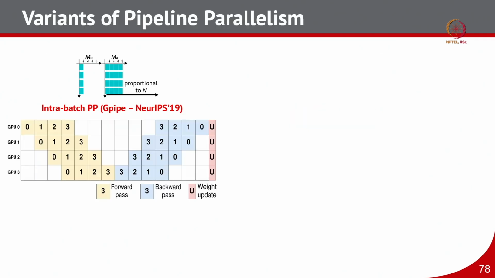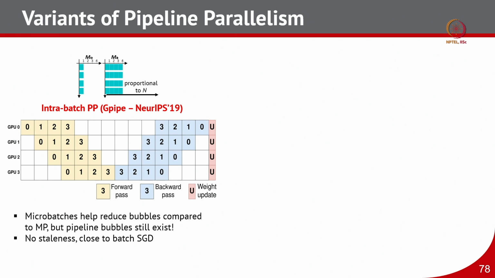Now, there are different variants of pipeline parallelism. The one which we just discussed was published in NeurIPS 2019 and the paper name is GPipe. Again, you can go ahead and read the paper to know more detail. In this work, there are micro-batches which help reduce the bubble.